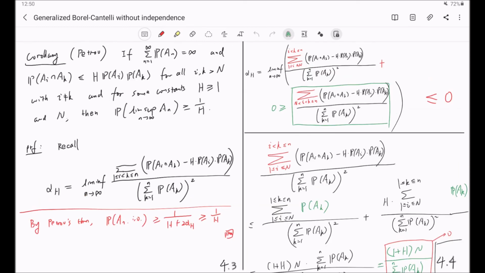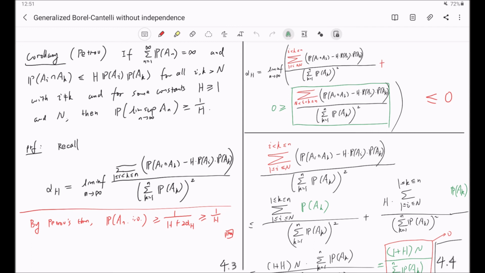It shouldn't be hard for you to see that this corollary is a generalization of the Borel Cantelli lemma without independence. Actually, what this corollary does is that it gives you a quantitative version of the Borel Cantelli lemma.